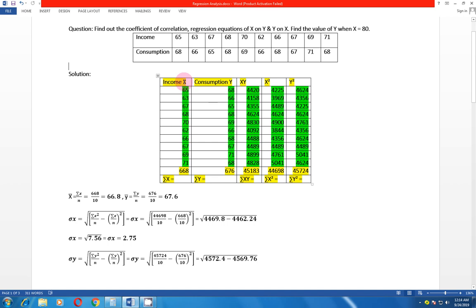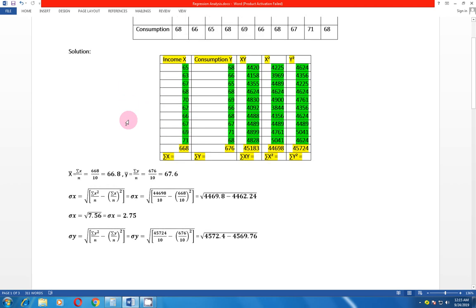For example, one is X, that is income, and one is Y, that is consumption. The dependent variable is always denoted by Y. Then there are 3 extra calculations which we use in our final calculation: one is the product XY, another is X square, and the third one is Y square.